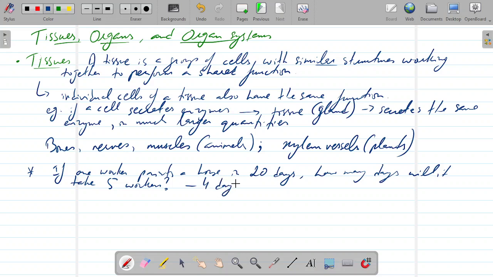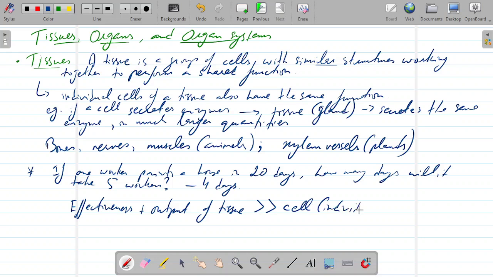Now, it's not quite exactly the same thing, but you have few cells and then you've got a group of cells forming a tissue. So the effectiveness and output of a tissue is obviously far greater than an individual cell. Clear?